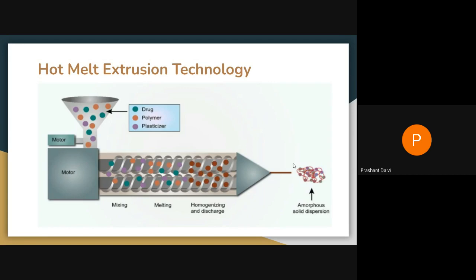While preparing these amorphous solid dispersions, you can use different types of polymers, combinations of polymers, and addition of surfactants and plasticizers. You can add all these different things and prepare the amorphous solid dispersion. These are the recent advances in the HME technique, hot melt extrusion technology.